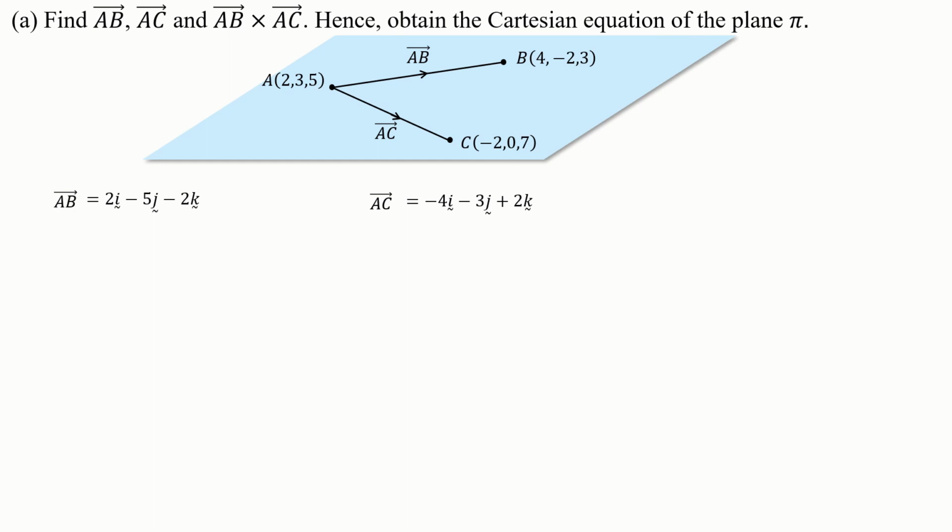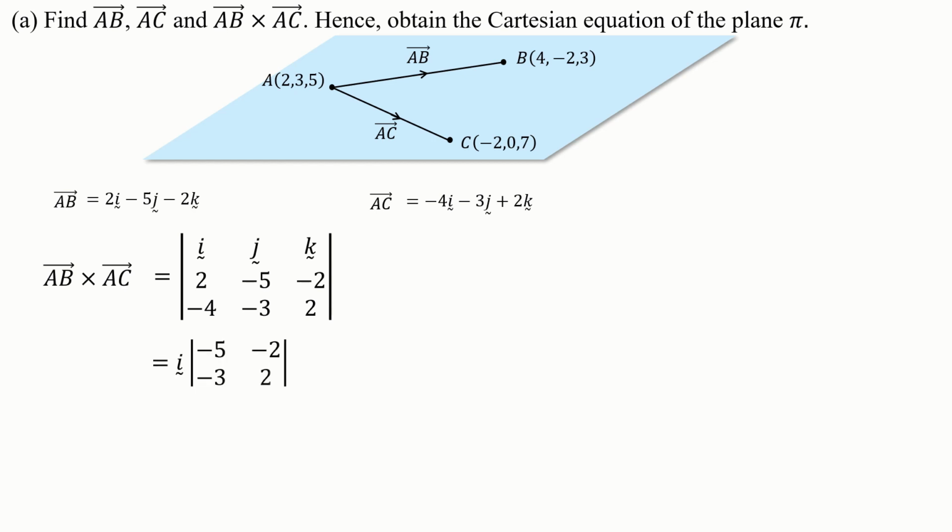Okay, so we can use vector AB and AC to find AB cross AC. To find AB cross AC, we will use the determinant of a 3 by 3 matrix. The first row is i, j, k, the second row is vector AB, which is 2, negative 5, negative 2, and the third row is negative 4, negative 3, 2, which is vector AC. Alright, so to calculate this is just like calculating the determinant of a 3 by 3 matrix.